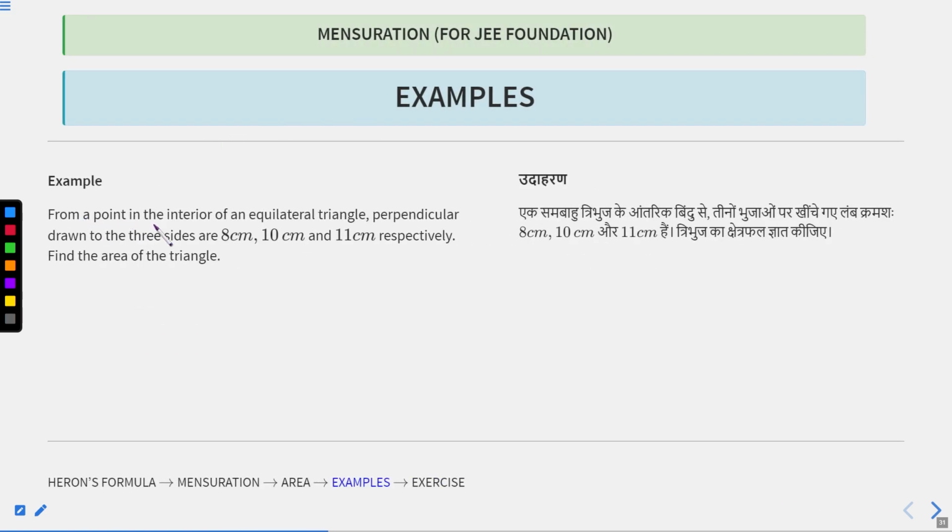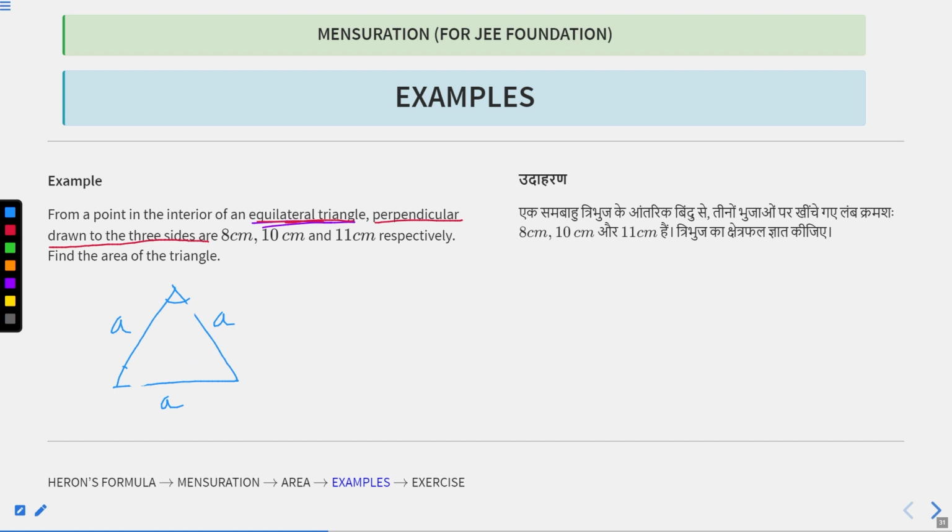From a point in the interior of an equilateral triangle, please recall what an equilateral triangle is. In an equilateral triangle, all the sides are equal and all the interior angles are 60, 60, 60. In here the question says, from a point in the interior of an equilateral triangle, perpendiculars are drawn to the three sides.